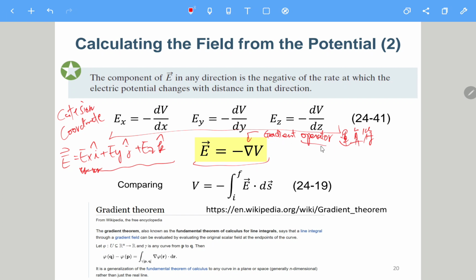So this is the so-called gradient operator. In mathematics, in Cartesian coordinates, this gradient operator looks like i hat partial x plus j hat partial y plus k hat partial z. Usually it won't occur independently.